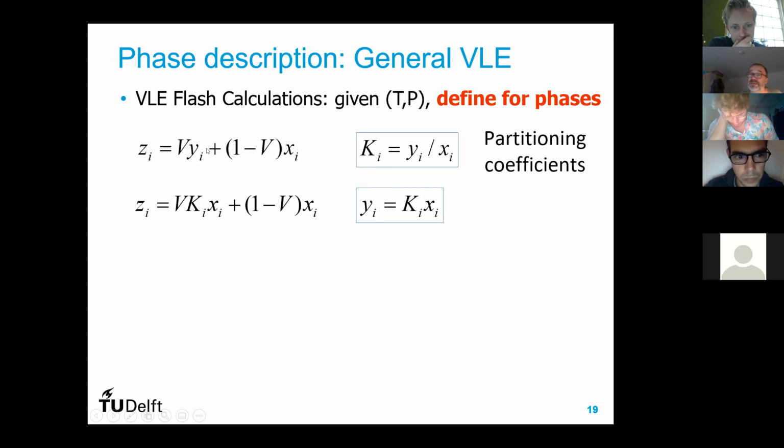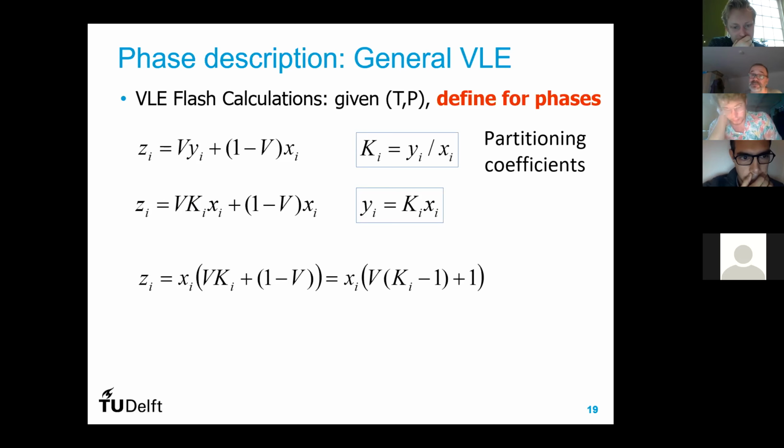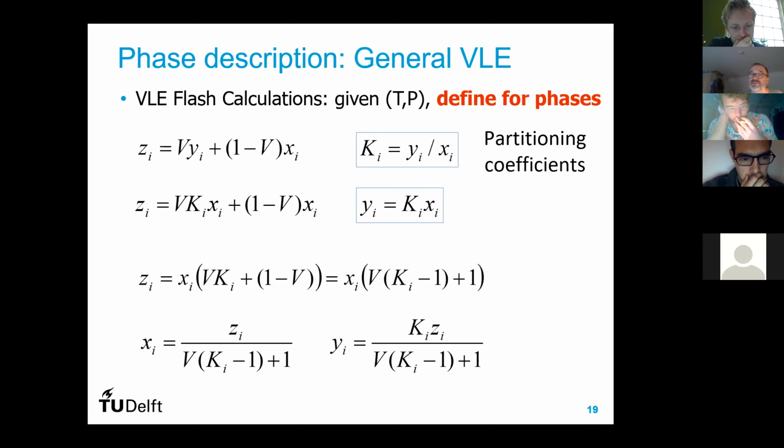Instead of Y, I substitute X multiplied by K, and I have only dependencies between Z and X. Then reshuffle it a little bit and write these equations. Here I divided Z by this relation. And because I know that Y is equal to K multiplied by X, I multiply by K here and get this relation.